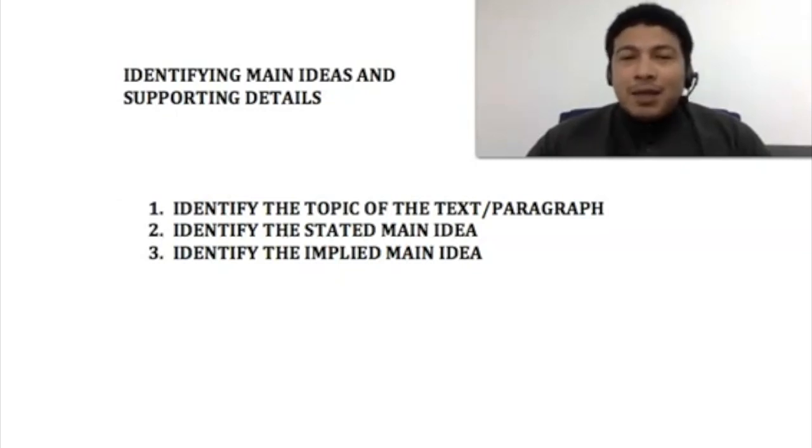So implied main idea is just the opposite of stated main idea. If stated main idea is what the author states in the article, in the writing, in a sentence, the purpose of the author writing that article, what the article is all about, implied main idea is not mentioned in the article.